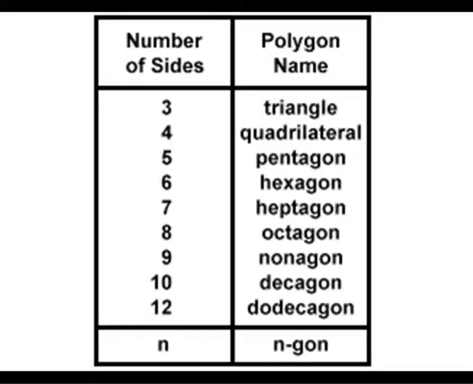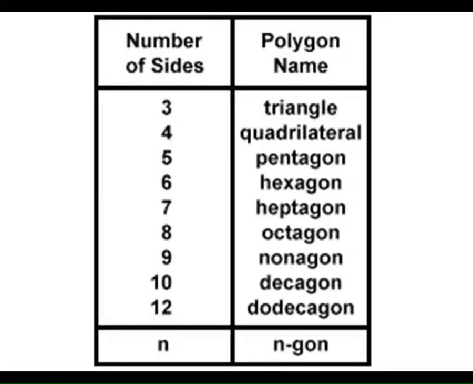For 11, there is no special name that we use. And for anything over 12, which includes 11, we call it just the number of sides followed by gon. If I gave you an 18-sided figure, it would be called an 18-gon. If I gave you a 200-sided figure, it would be called a 200-gon.